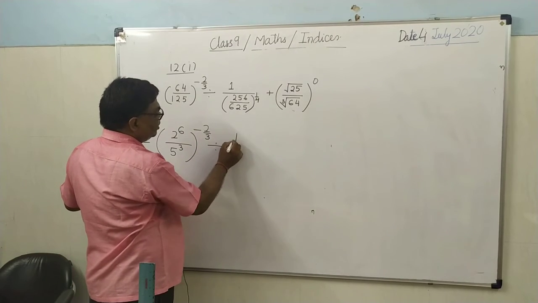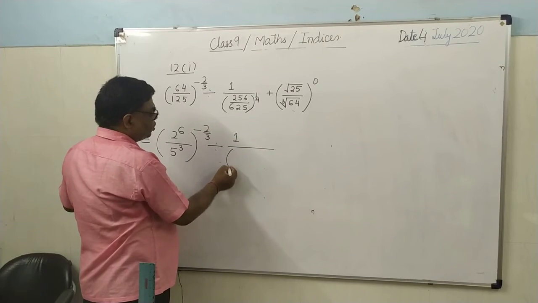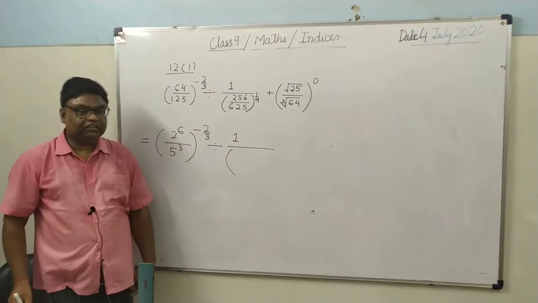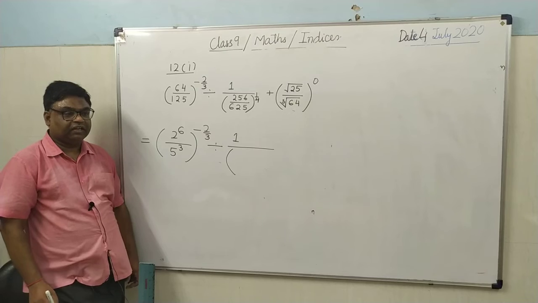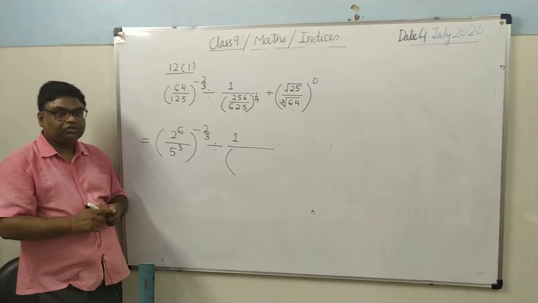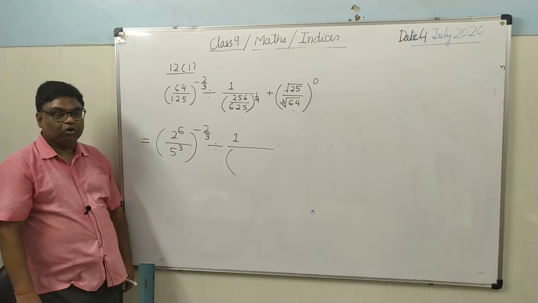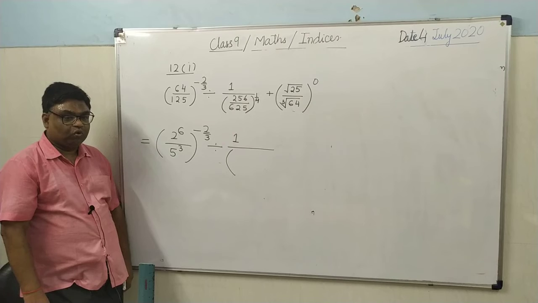Divided by here, 256. So if you know, 256 is the square of 16. 16 into 16, 256. Now 16 can be written as 2 to the power 4.